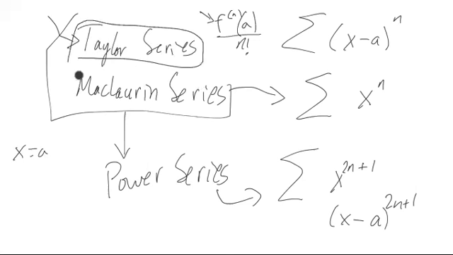Maclaurin series is actually just a subtype of Taylor series. It's just where the center is zero. That's all. So Taylor series could involve any center. Maclaurin series is just a special word that's usually used to denote a power series that has a center at zero.